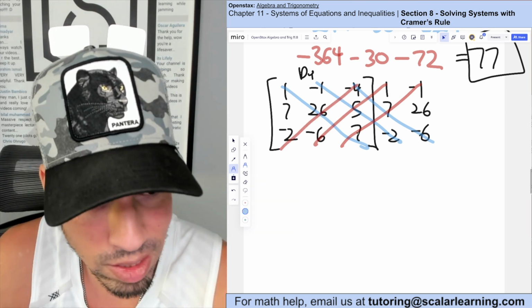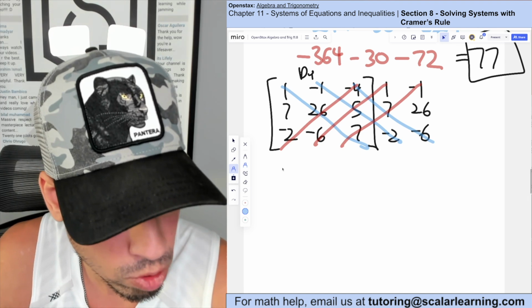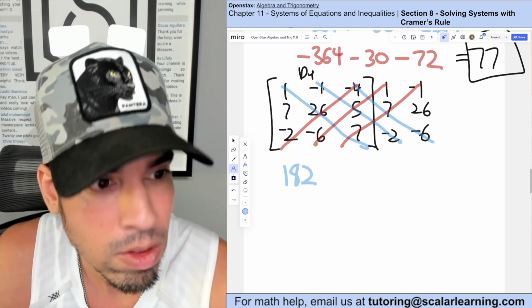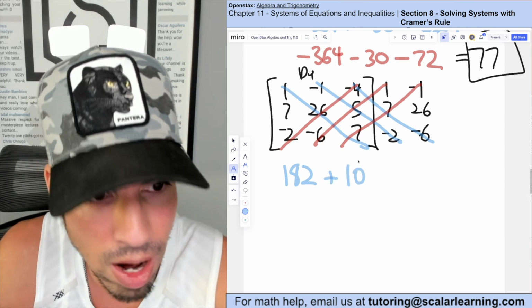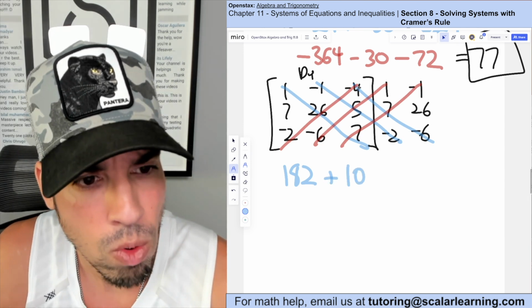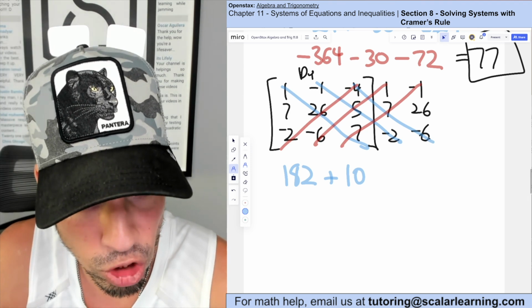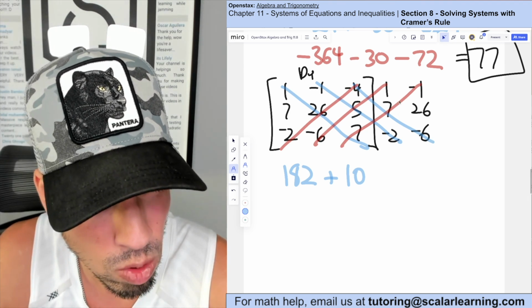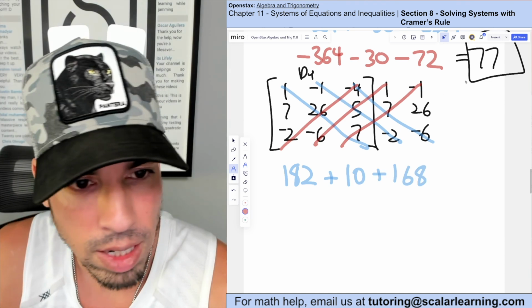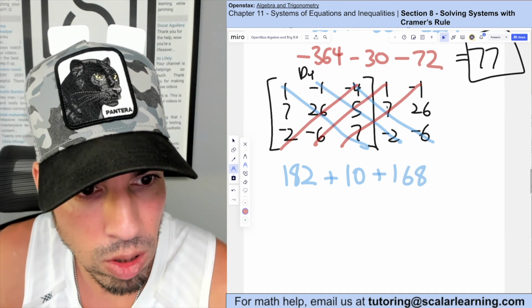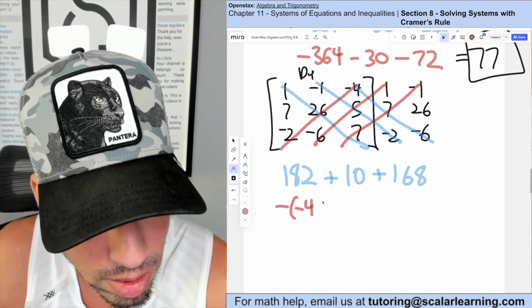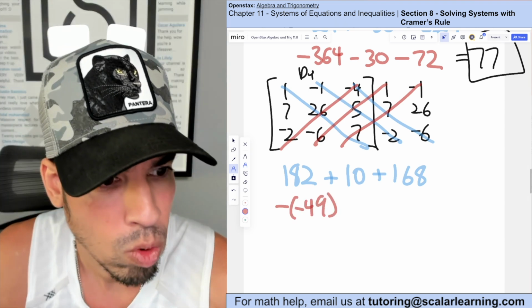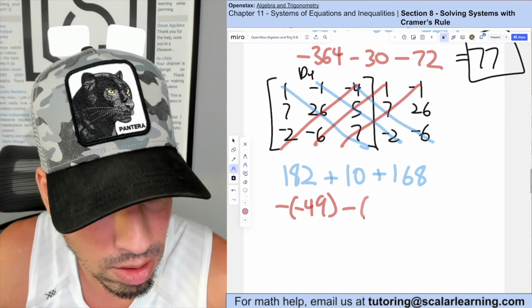So 1 times 26 times 7 is 140 plus 42 is 182, positive. Negative 1 times 5 times negative 2 is positive 10, and we're adding it. So then we got negative 4 times negative 6, which is 24 times 7, 140, 168. And then now these products in red, so negative 1 times 7, that's negative 49, but we're minusing it, so minus negative 49. 1 times 5 times negative 6, that's negative 30.